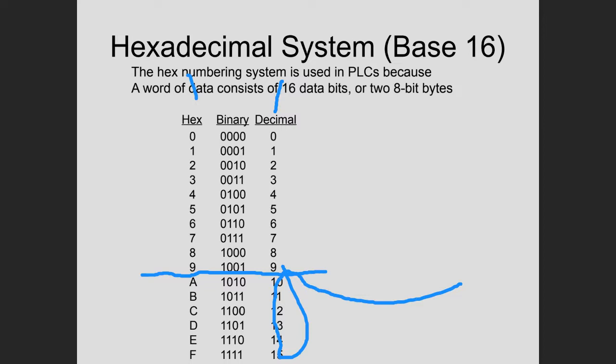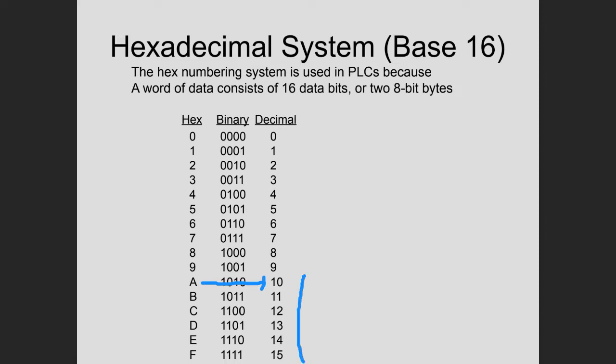So what you want to remember is that this A is 10, and for the next 6 of these, we just use letters of the alphabet. So A is a 10, B is 11, C is 12, all the way through F, which is 15. So all hex really does is take the number system and replace the numbers 10 through 15 with letters of the alphabet A through F.